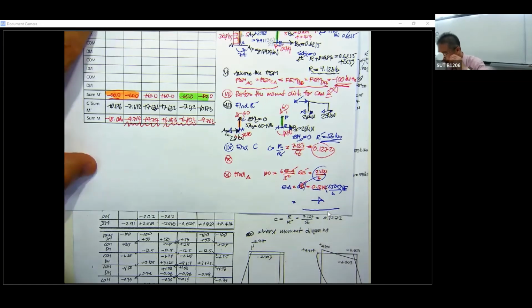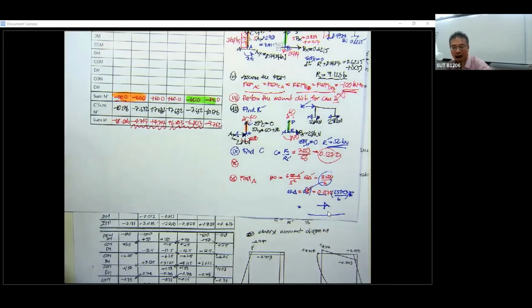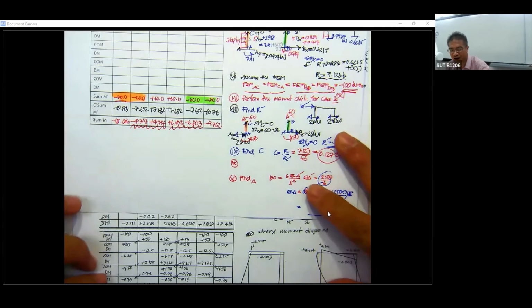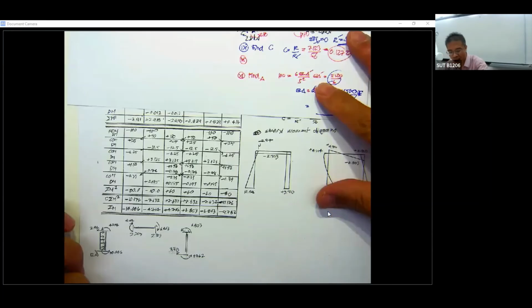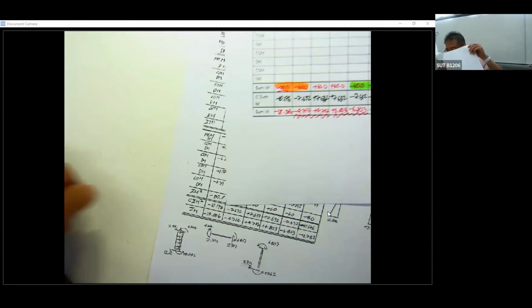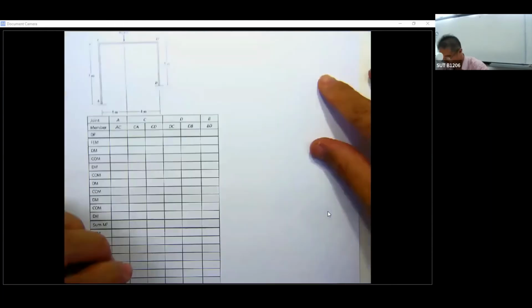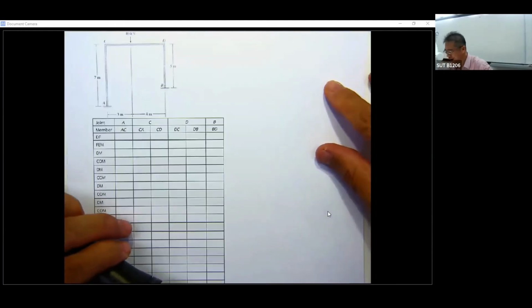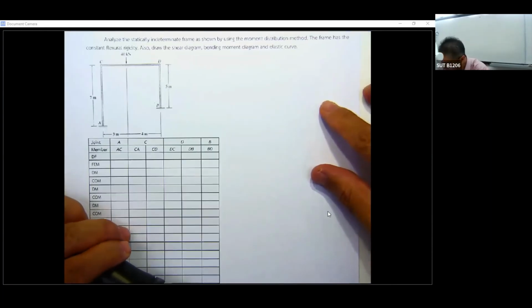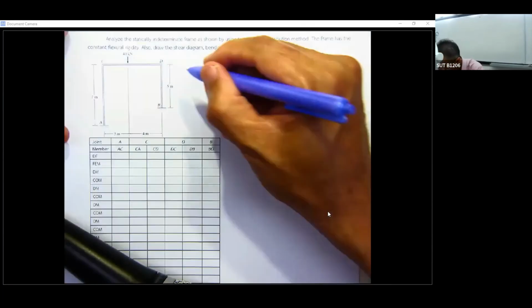Okay, I will have another 20 minutes for another problem. Let you guys go back and work on the rest of this problem by yourself. Let me move to this one again. It's not that hard. Only the columns are different. Again, this one we will have two frames.